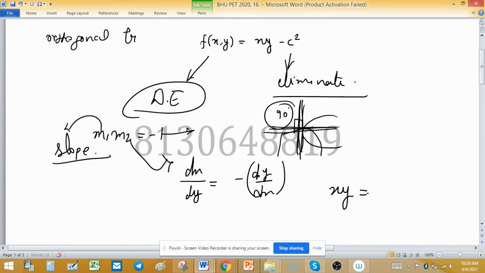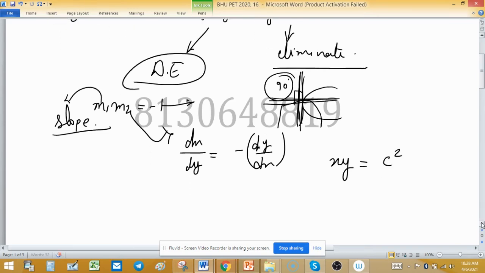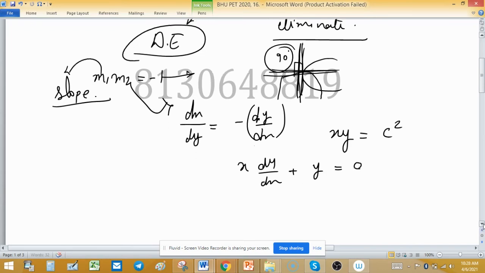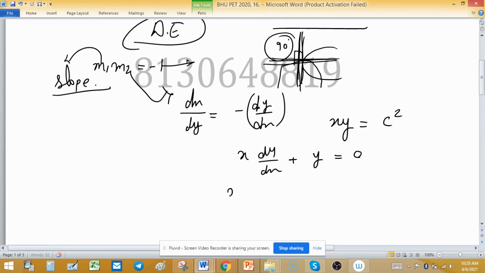As the function is given to us, xy equal to c square, to eliminate this constant c, differentiate this one: x dy upon dx plus y equal to 0. Now replace this dy upon dx with minus dx over dy: x times minus dx over dy plus y is 0.